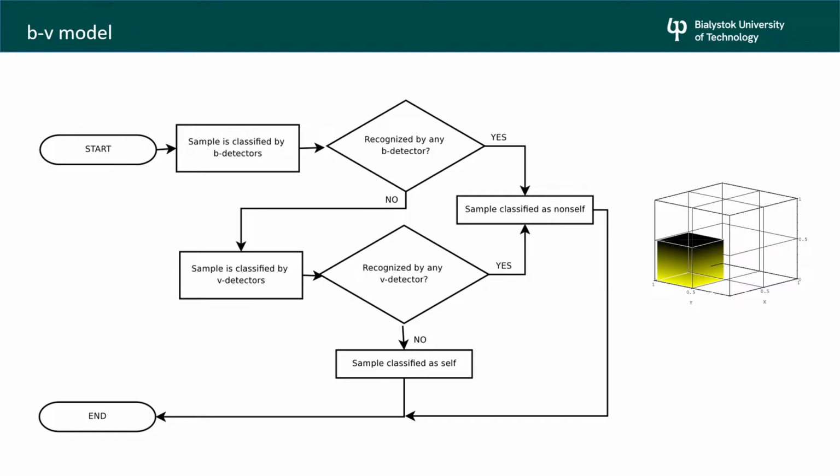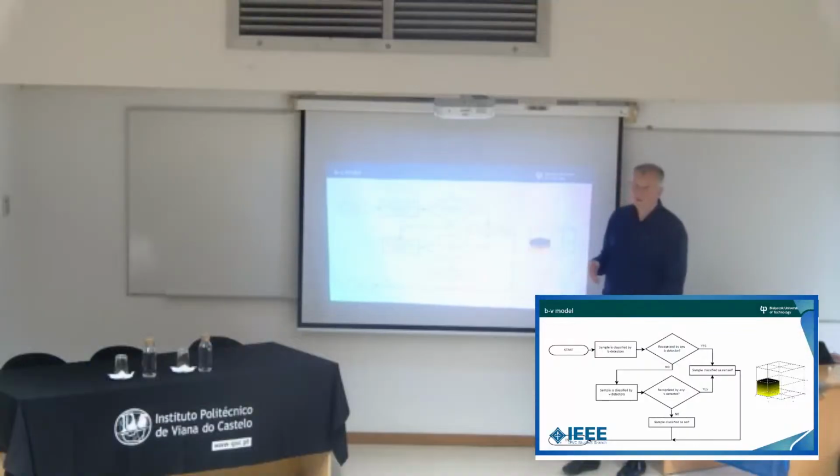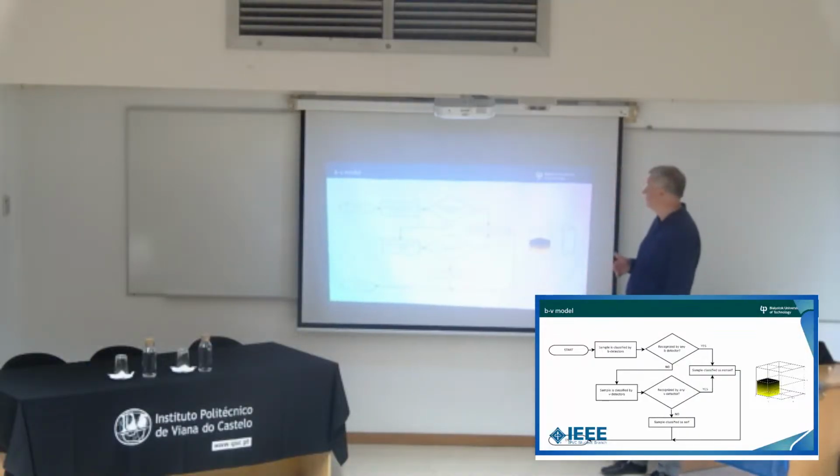In the first phase, the patterns are classified by fast B detectors, and if the B detectors do not recognize this pattern, then we can use the V detectors which are computationally more complex. Of course, in this case, the classification process is longer in comparison to the case when we use only B detectors or only V detectors. But using this model, we can detect many more anomalies.